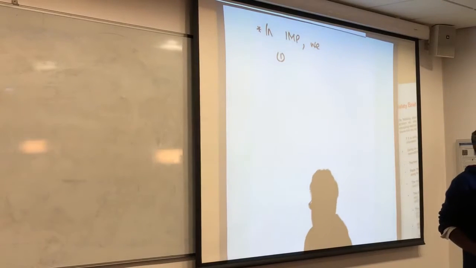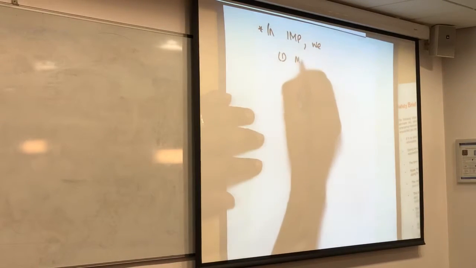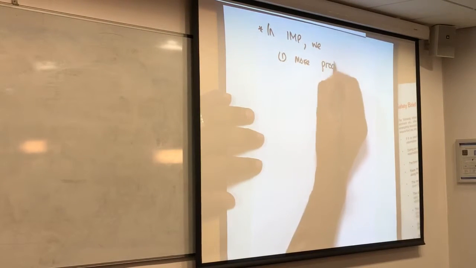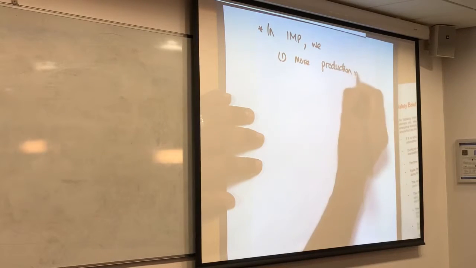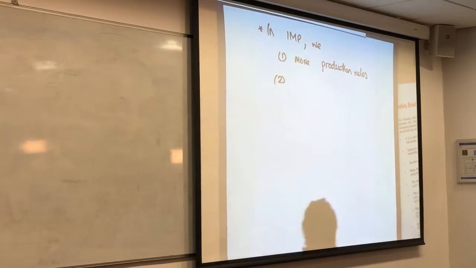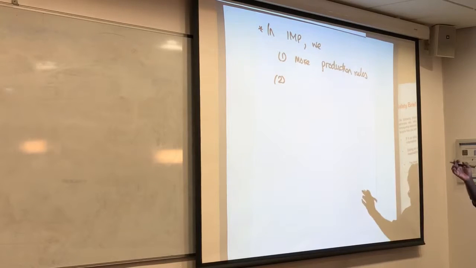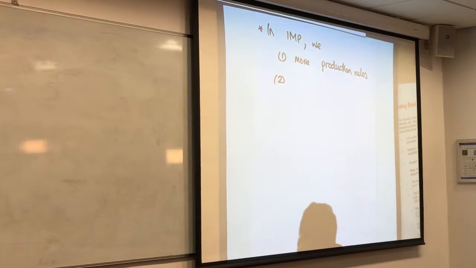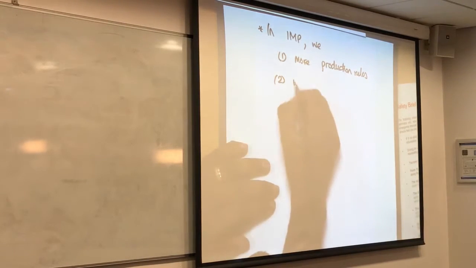So what's going on in IMP? Well, we have more production rules. Okay, well that's fine. You've seen 3 production rules. If IMP has 17 production rules, well, it's a bit long, but fair enough. Nothing much more difficult will happen. But also, we need to deal with memory.